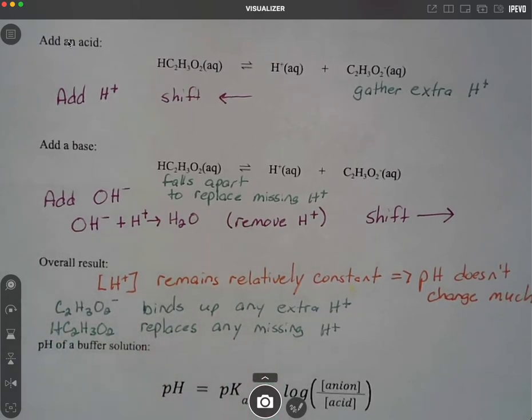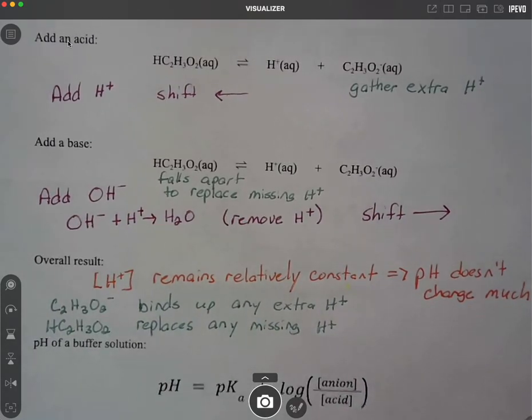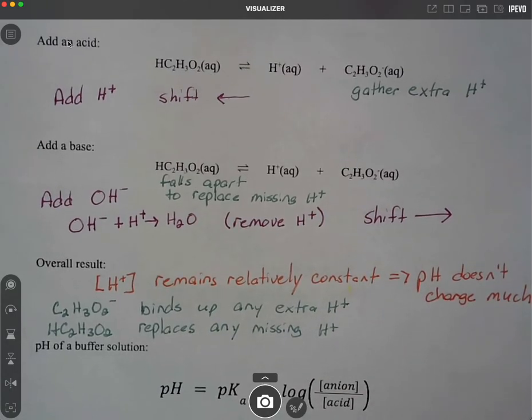Because you have an excess of these acetate ions, the acetate ions snag the hydrogen, tie it up so it can't contribute to the pH. And so you essentially have something that protects from each of the possible situations here in terms of, do I have too much hydrogen ion? Do I have not enough hydrogen ion? We have something to protect from each of those.